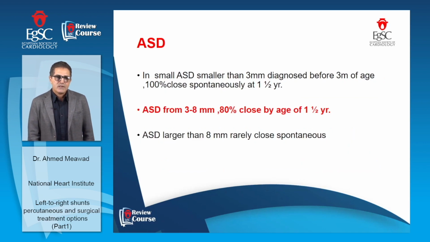So when we evaluate the ASD patients, if the diameter is 3 to 8 millimeters, it mostly will close by the age of 1.5 years. But larger than 8 millimeters rarely close spontaneously. You have to consider this when we take our decision.